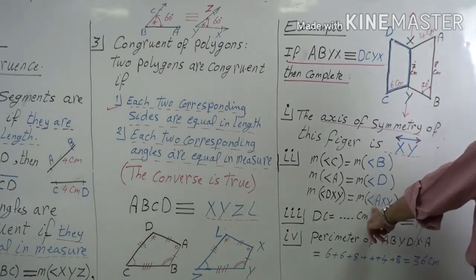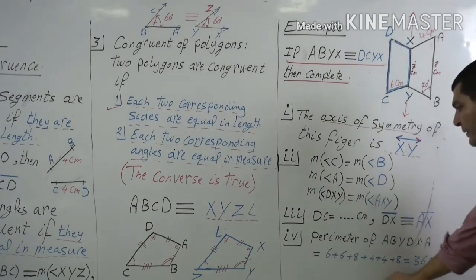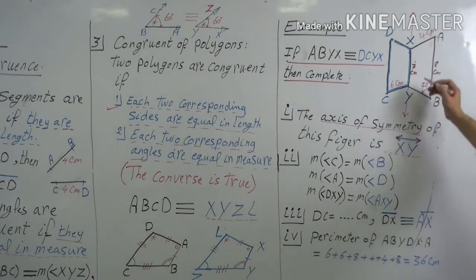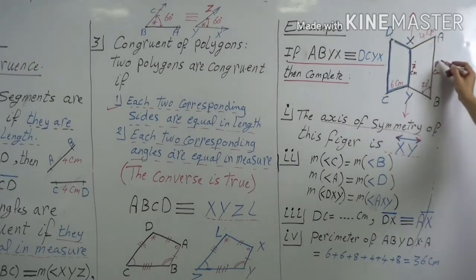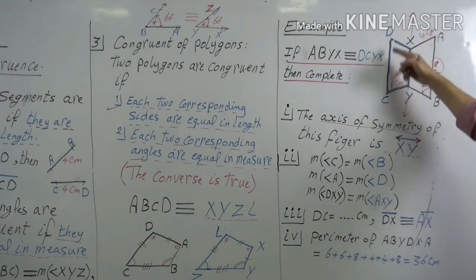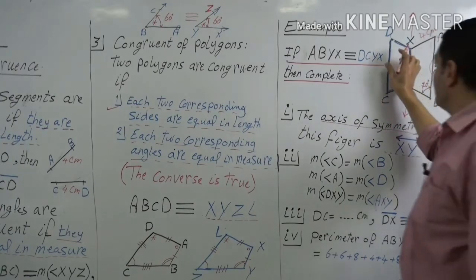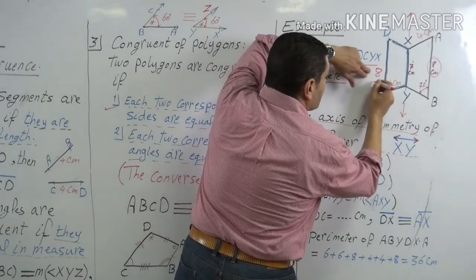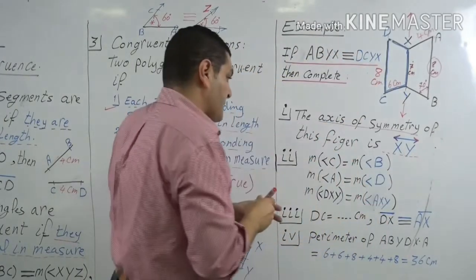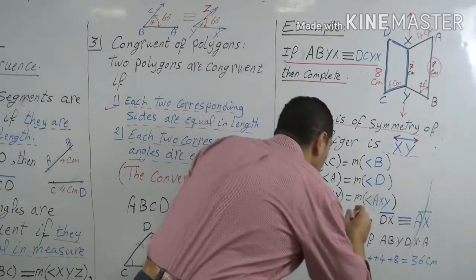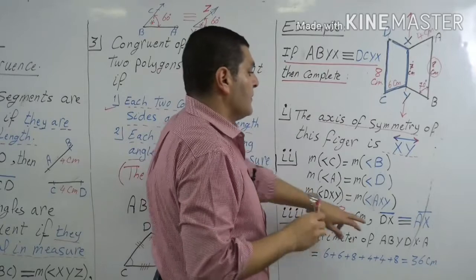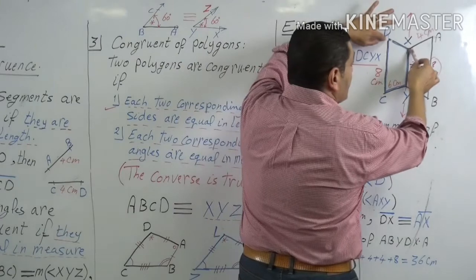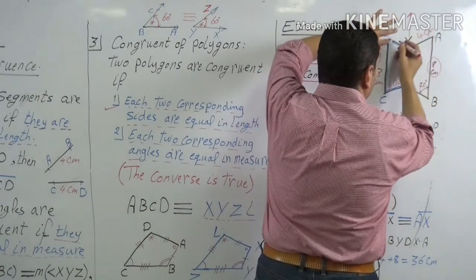So these two angles are congruent. Complete: DC equals 8 centimeter, as AB. DX is congruent to AX.